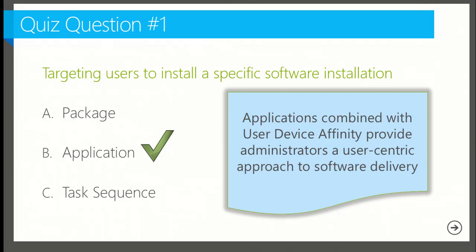Applications combined with user device affinity provide administrators with a user-centric approach to software delivery. So you could have a group of users assigned to Visio through an Active Directory group, and you can assign it to those users for automatic installation.